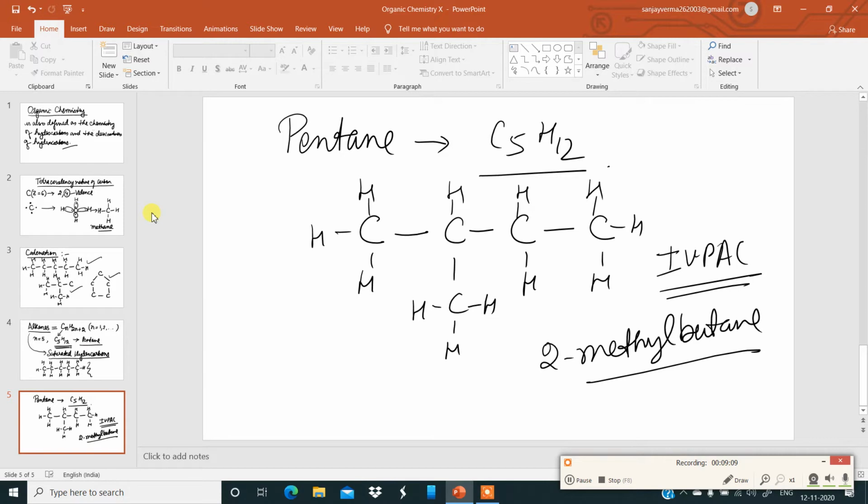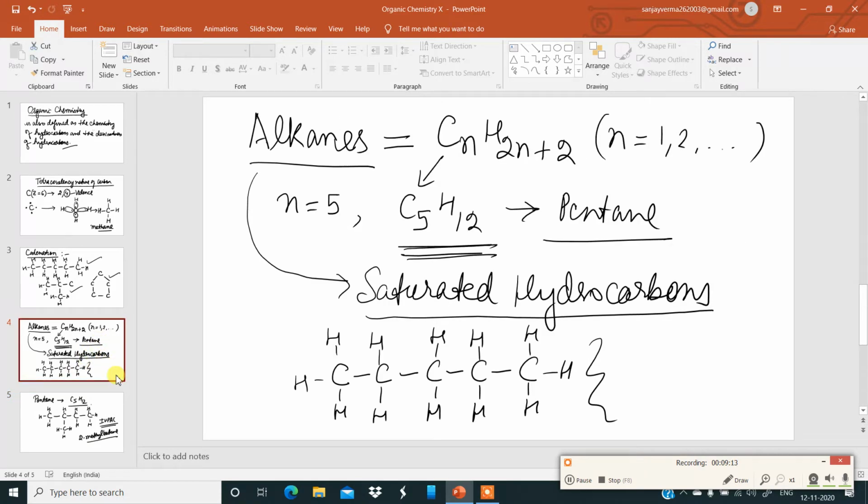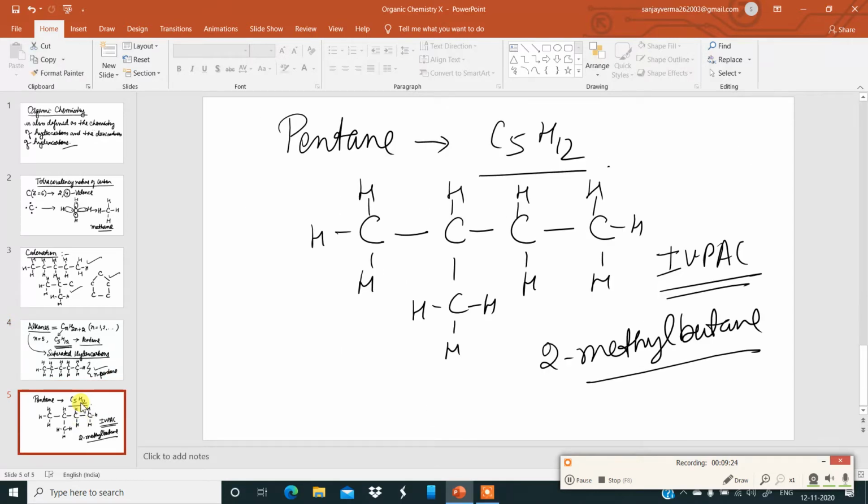So if you look at the previous example over here, pentane, it has a structural formula. This is normal pentane, N-pentane. And if you look at this formula just now, it is called 2-methyl butane. So N-pentane and 2-methyl butane, these are called isomers.